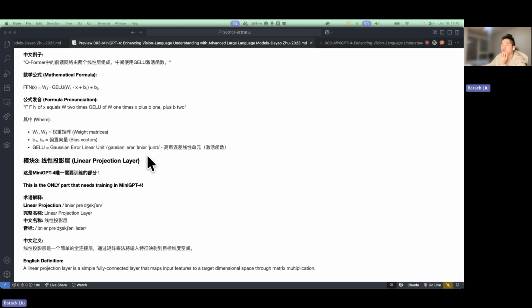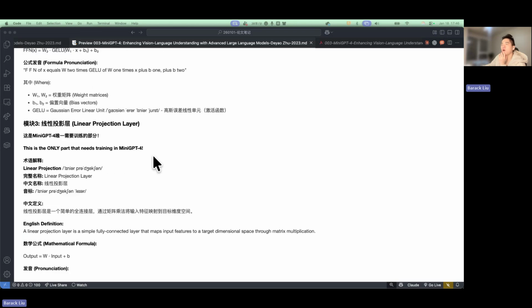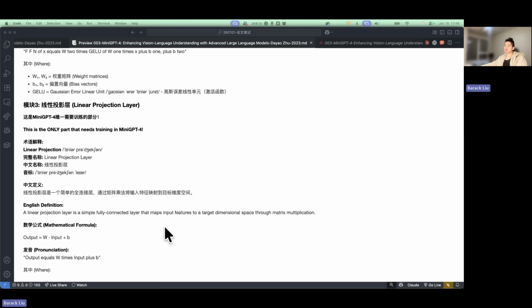Okay. Module 3, linear projection layer. This is the only part that needs training in MiniGPT-4. A linear projection layer is a simple, fully connected layer that maps input features to a target dimensional space through matrix multiplication.